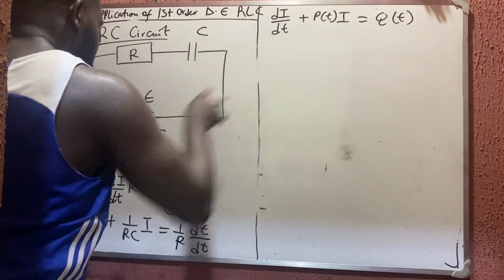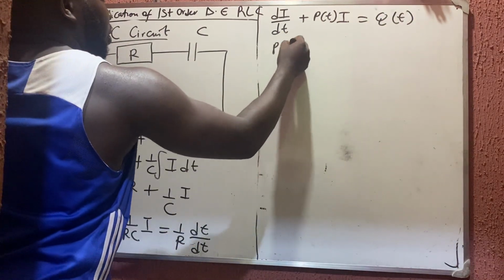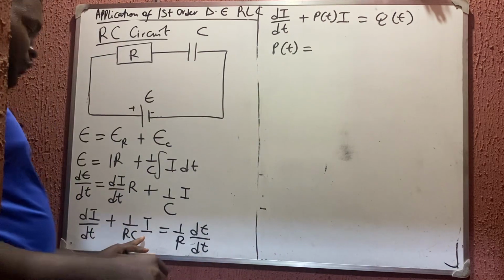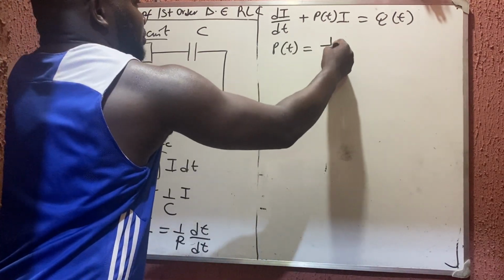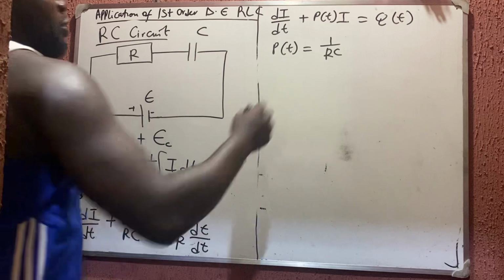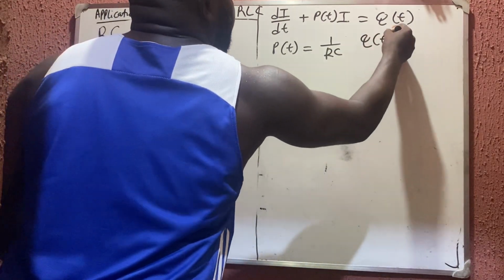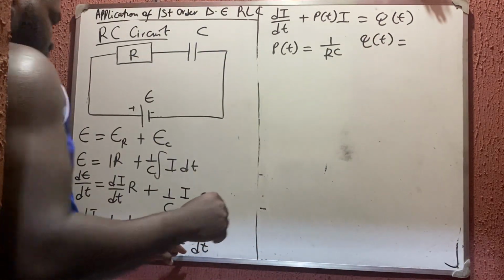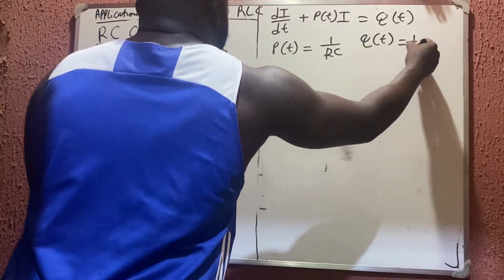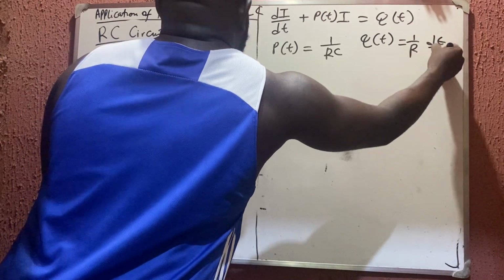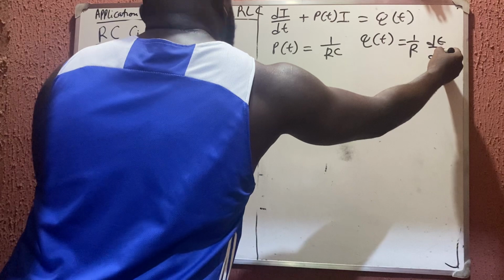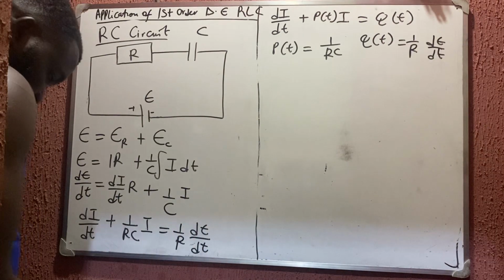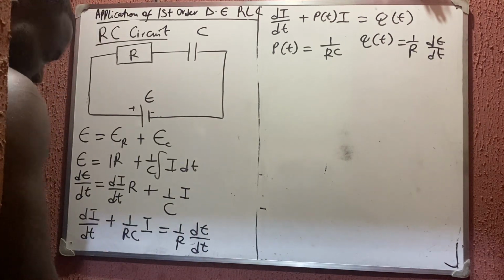So if you compare this with this, you will see that your P of t is just the coefficient of your I, which is 1 over RC, while your Q of t is 1 over R dE/dt. So that is that.